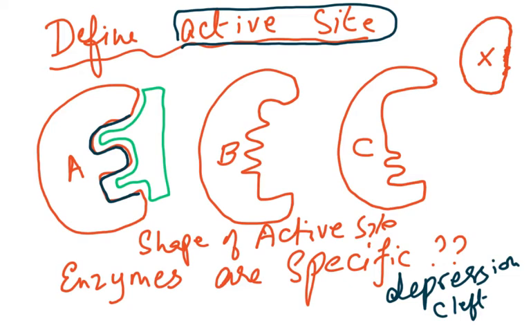We say the shape of the substrate is complementary to the active site, or the shape of the active site is complementary to the substrate. So we have to be very clear about what we mean when we say active site. The active site is different, and that is why A, B and C are three different enzymes.